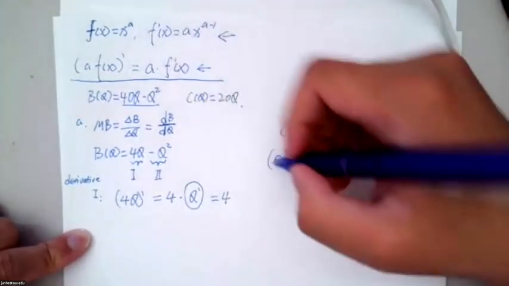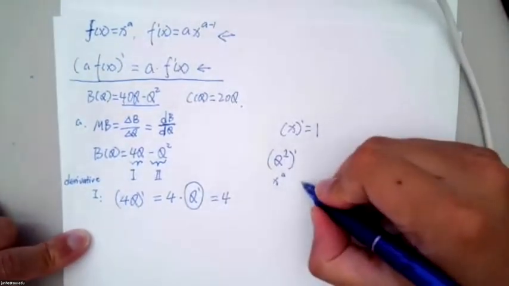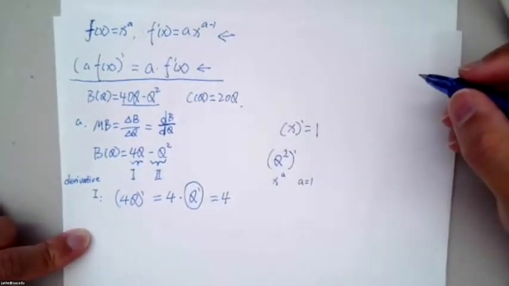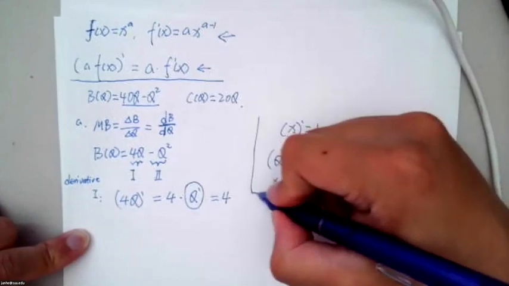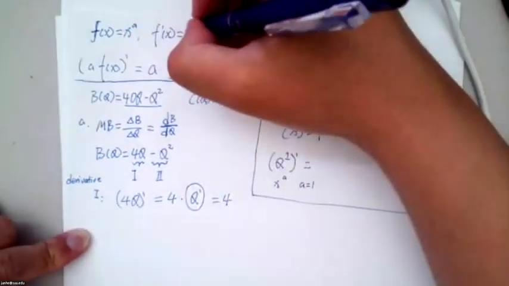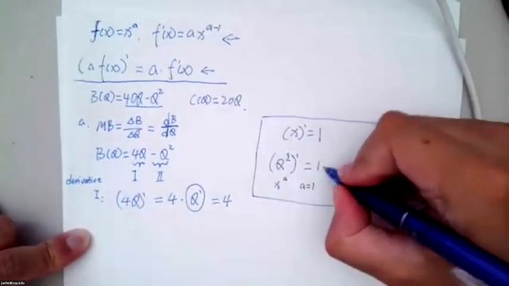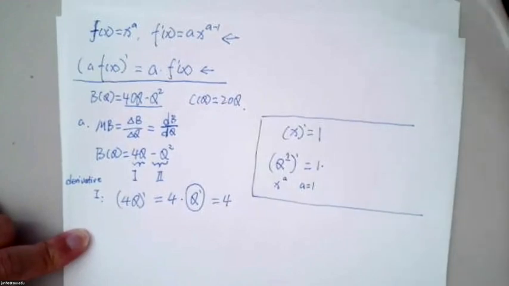In this case, Q is the X, and 1 is the a. So a equals 1. Does that make sense? So the derivative of this is then moving a down here.